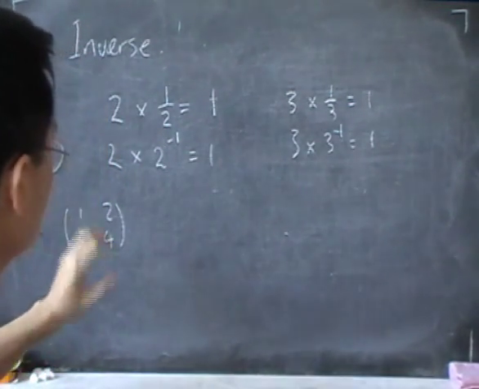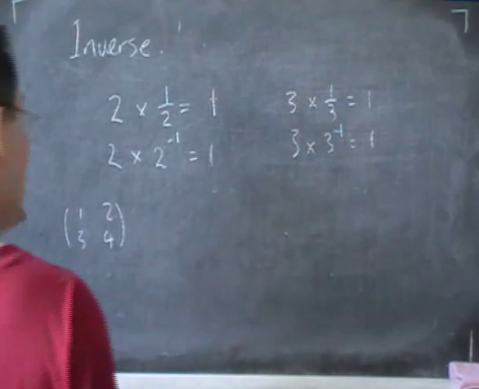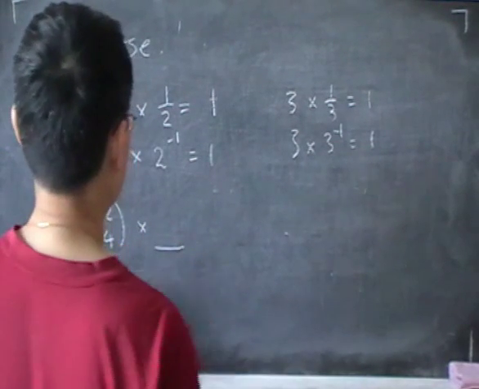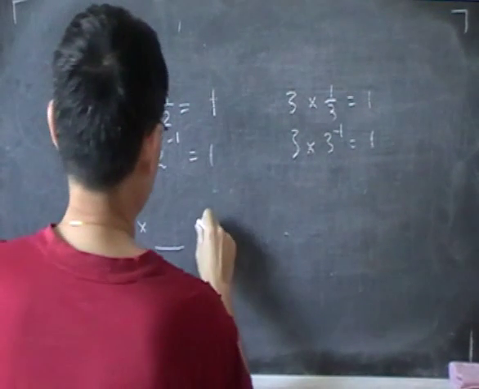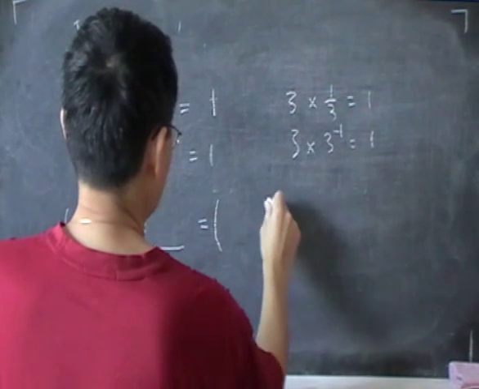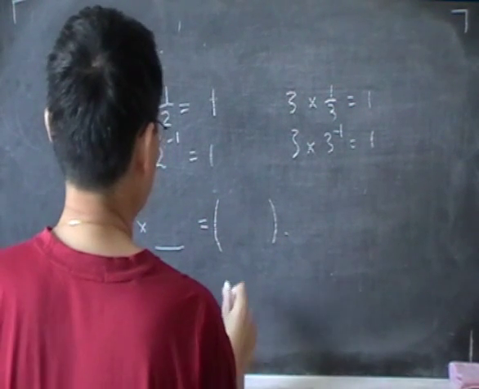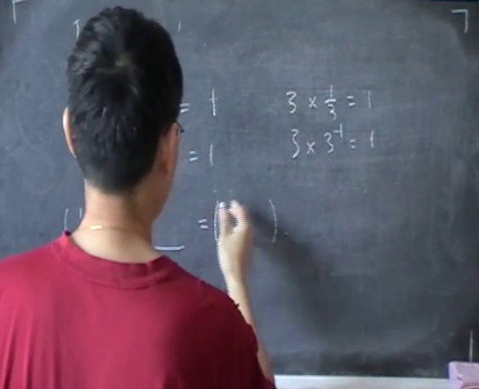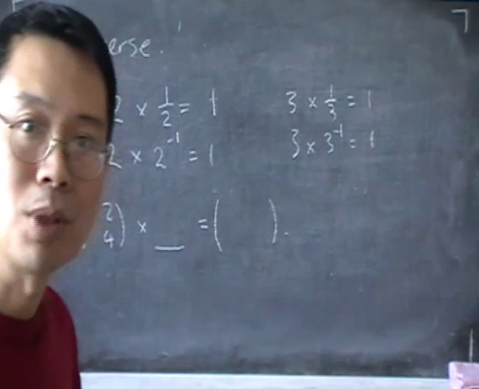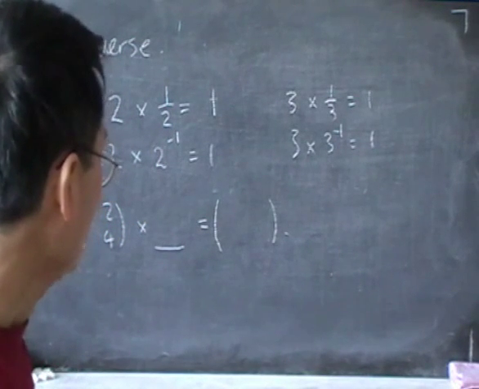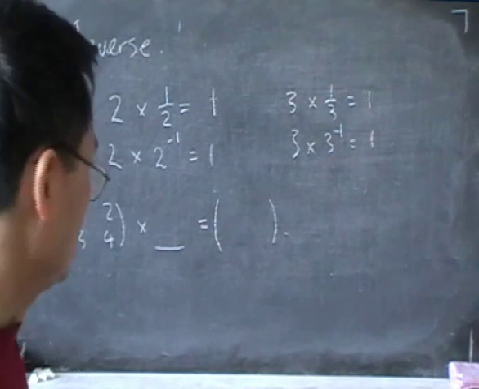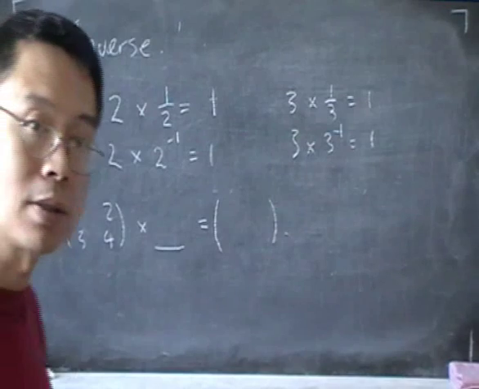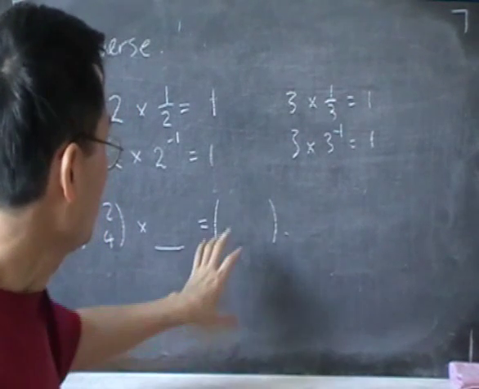Now for a matrix, it's not so obvious, but can I find another matrix such that when I multiply it, I get an answer which gives me 1 in the matrix? There is, in a sense, but it's a little bit tricky.